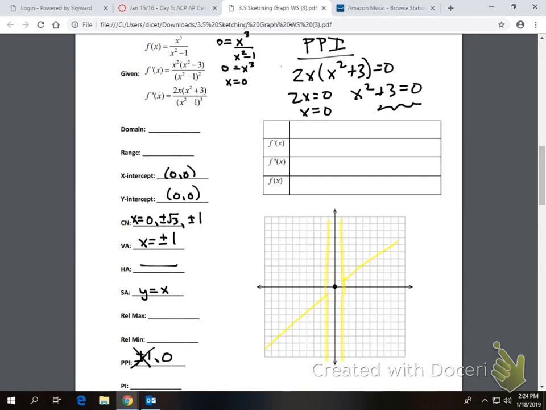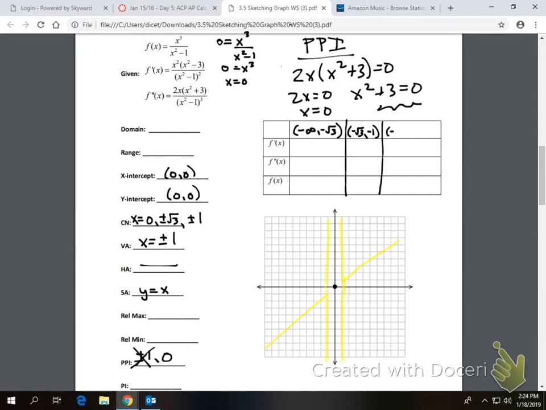And what we're going to do now is go to this table and create our intervals from left to right of critical numbers and PPIs. Y'all with me? So I'm going to go from negative infinity to, what's my first one? Negative square root of 3, right? Make sure I'm doing this right. I'm going to go from negative square root of 3 to negative 1.